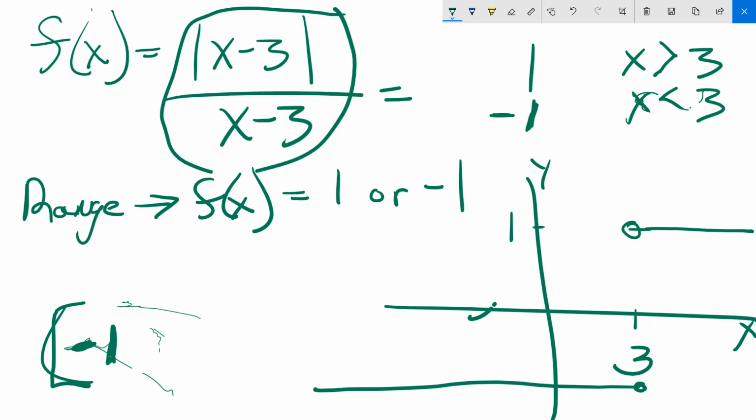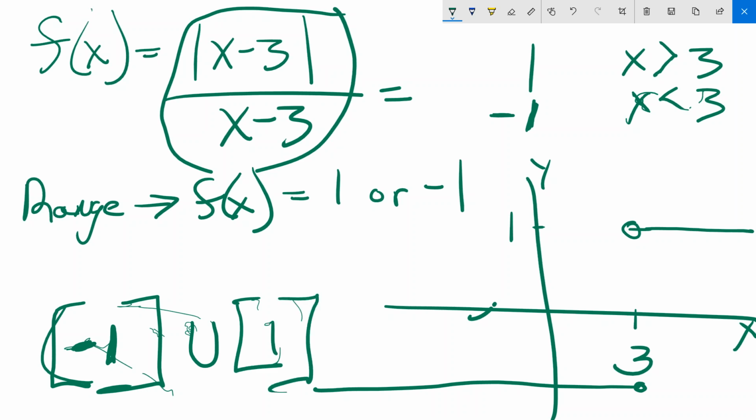It can be -1 in union with +1. That's all the f of x can be, either -1 or 1. Can't be 1/2, can't be 0, can't be 2, can't be -2. And you can see all of that from the graph.